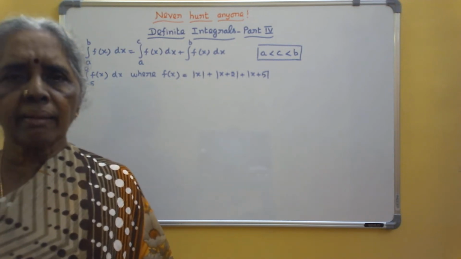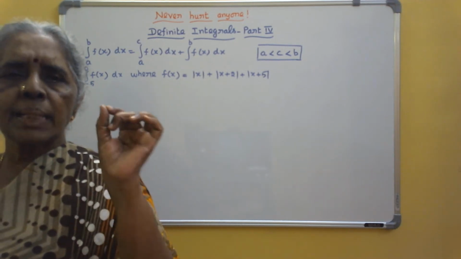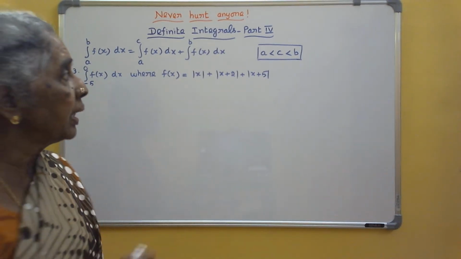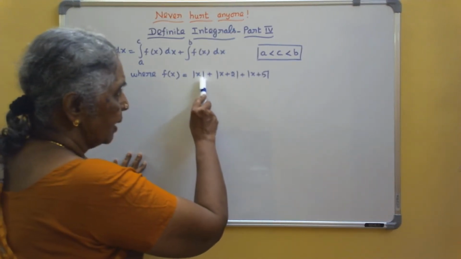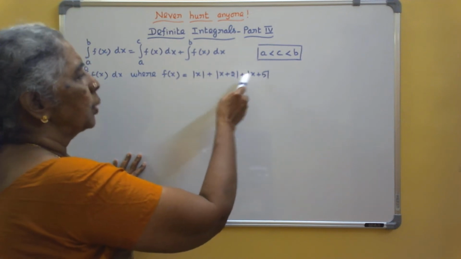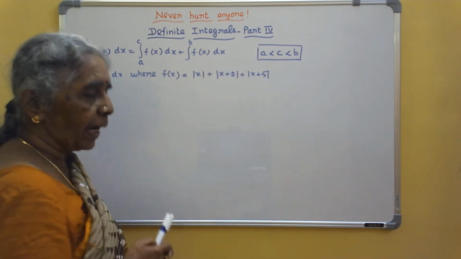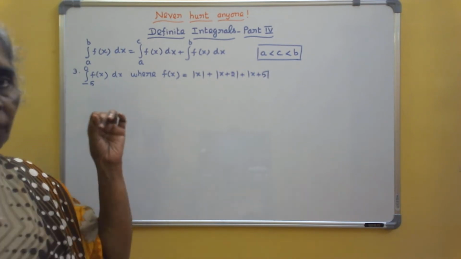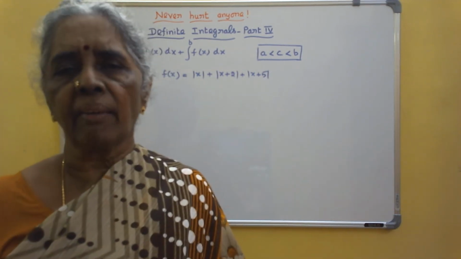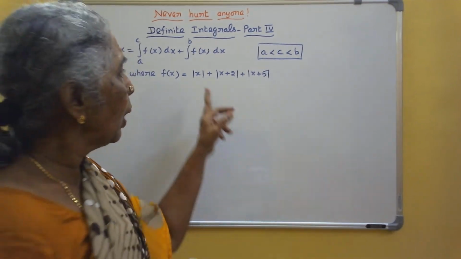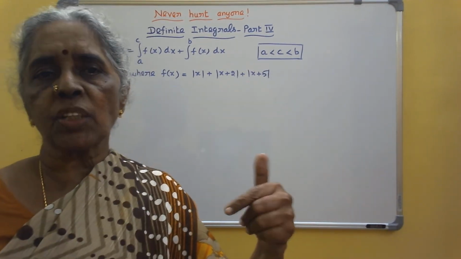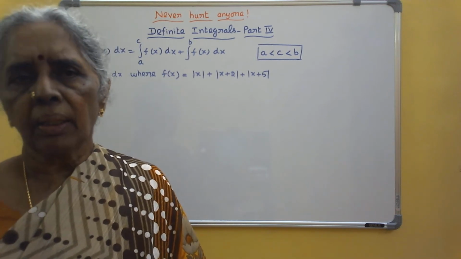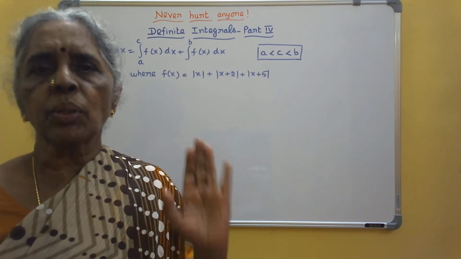It doesn't contain only one simple linear modulus function. Now you have got mod x plus mod x plus 2 plus mod x plus 5. That means I have to decide my f of x for each interval based on all the three modulus functions. I have to take into consideration all the three. Anyway, let me proceed slowly.